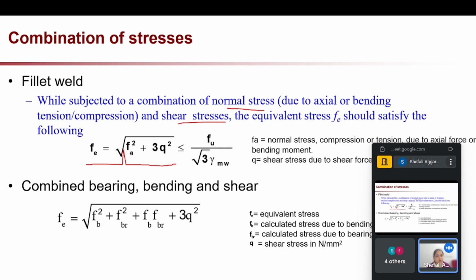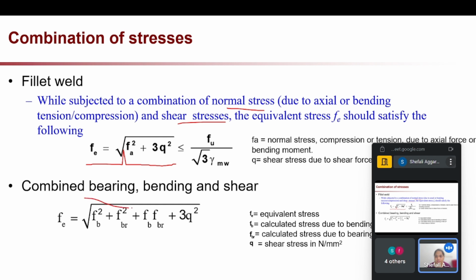Fa is the normal stress and q is the shear stress. Okay, and it should be less than or equal to Fu divided by root 3 gamma Mw. Fu is the ultimate stress, which will depend on our grade of steel, and gamma Mw is the partial safety factor.